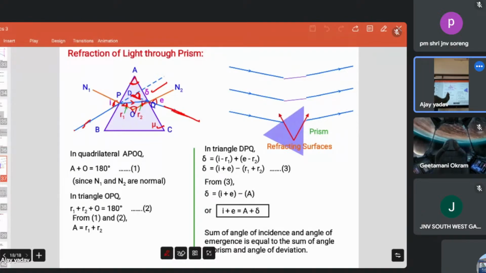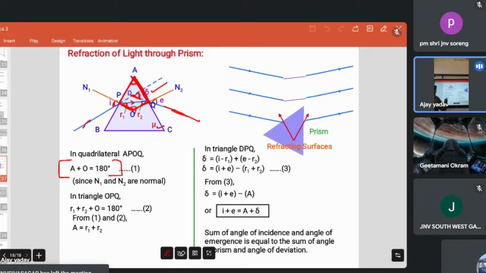So first we have quadrilateral A, P, O, Q. This is the quadrilateral. We know the sum of the angles of a quadrilateral is 360 degrees. And N1 and N2 are normals. Then we can write that the sum of these opposite angles is 180 degrees.